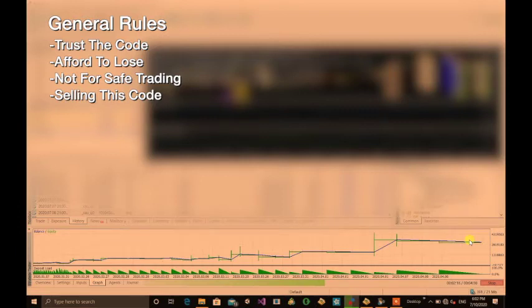Second thing, the money that you should use for this: only use money that you can afford to lose. What does that mean? Now, some people have $10,000, but they have rent to pay, they have expenses, you know. They can't lose this $10,000.